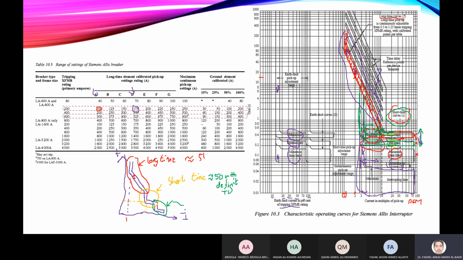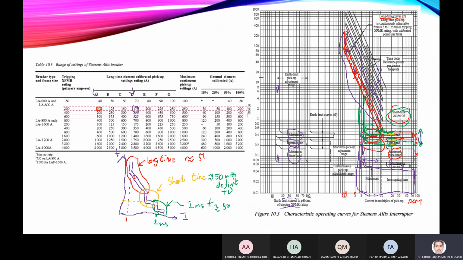Now this is the instantaneous. There is no time delay here. So this is all equivalent to a 50 element. The pickup setting of this is here, its I instantaneous.